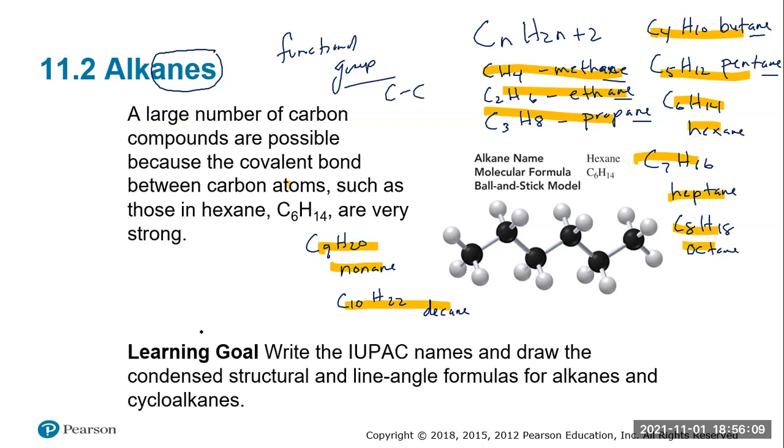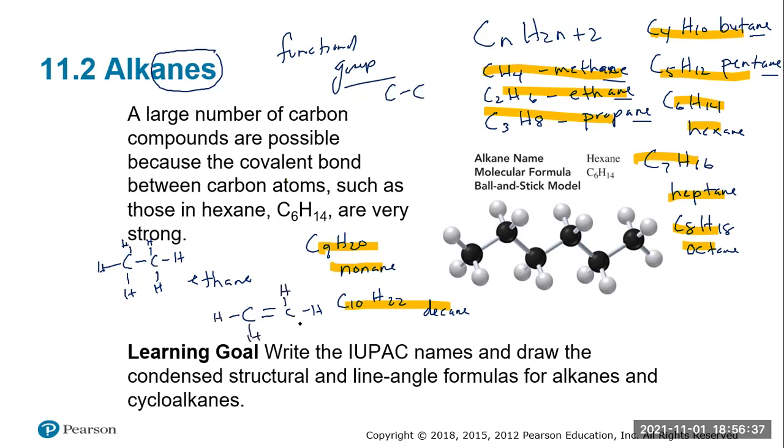The only thing that changes, for example, is the ending. If you had this guy, which is ethane, 2 carbons, but you make a double bond, it's not an alkane anymore, it has a double bond.